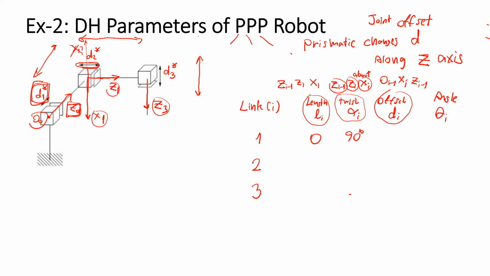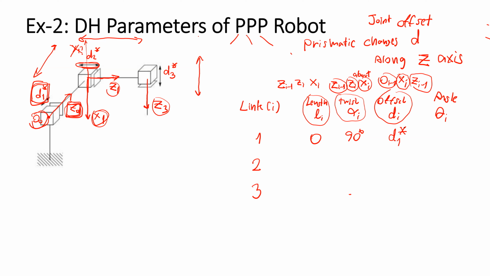The offset will be the distance from O0 to x1 along Z0. So it depends on the variable of the linear actuator.